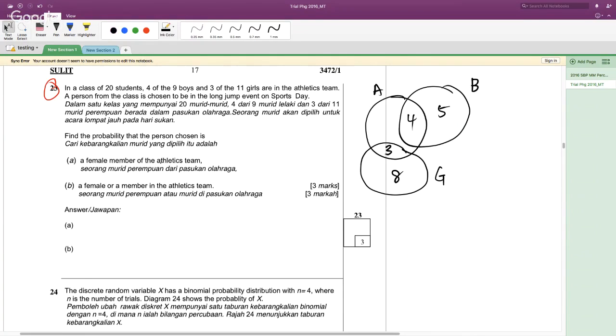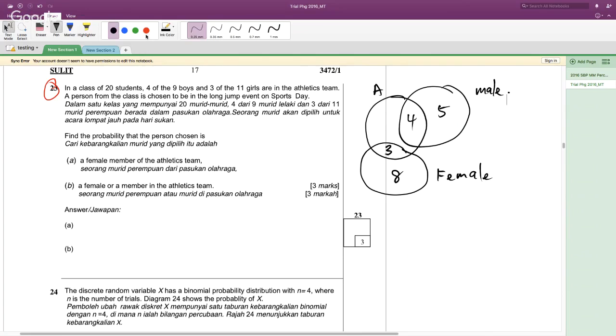Find the probability that the person chosen is a female. Maybe I don't want to use boy and girl; since they use female, I will use female and male. Find the probability that the person chosen is a female member of the athletics team.